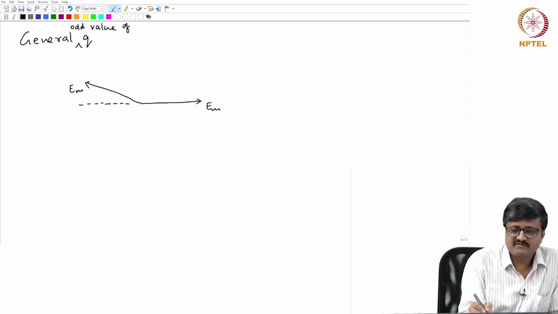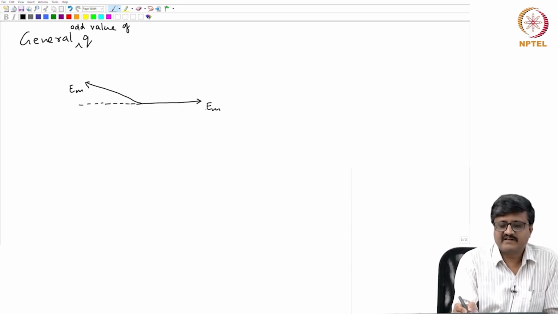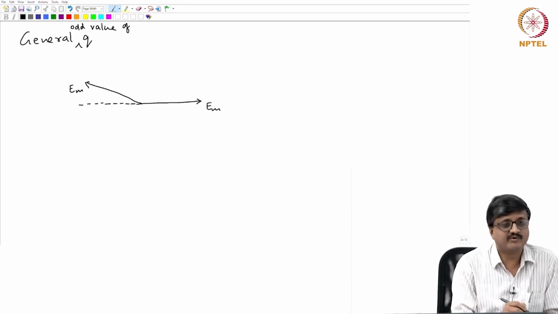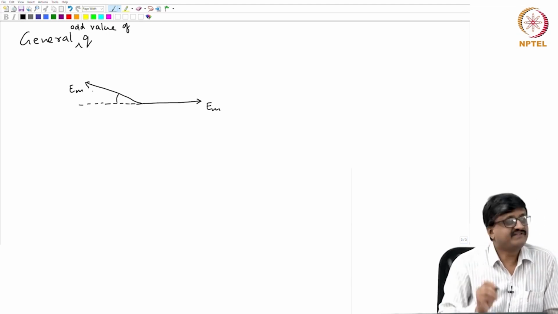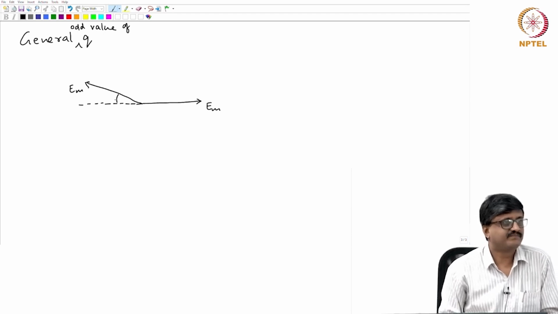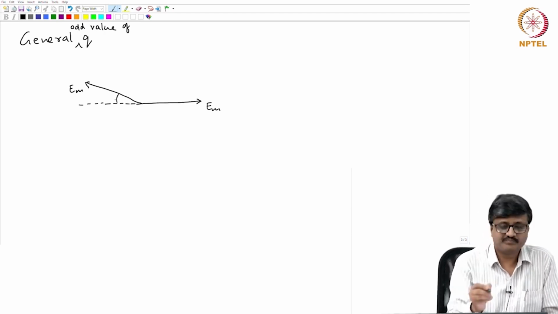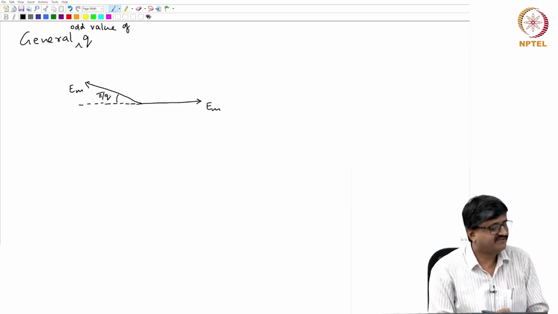Now, I will extend this straight line along which one of the phasors is located by a dashed line. My interest is the difference between these two phasors. If I have properly selected the two phasors, what is the angle that I have shown here? Pi by Q. So, how is this pi by Q?